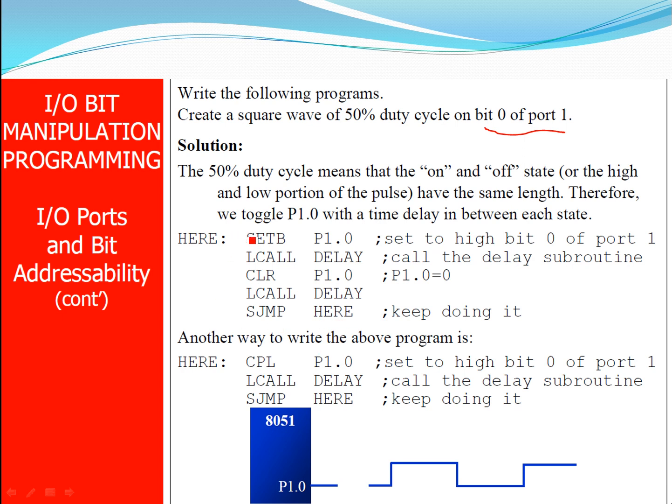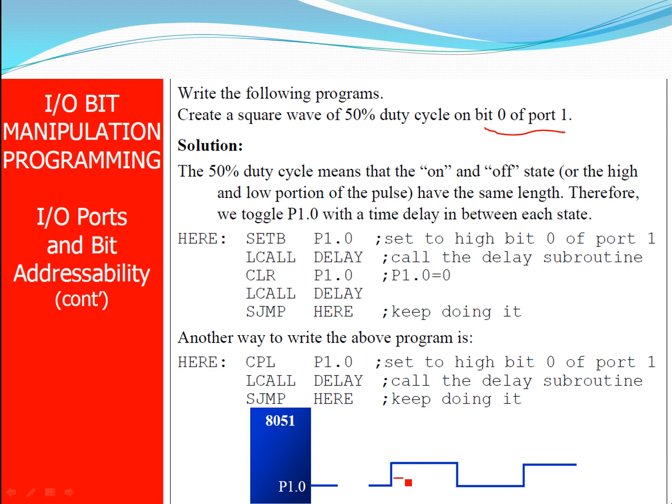So again it makes P1.0 high, again it calls the same delay program, and then again it clears P1.0, and then again it calls the same delay subroutine. That means on P1.0 it is generating a square wave signal.